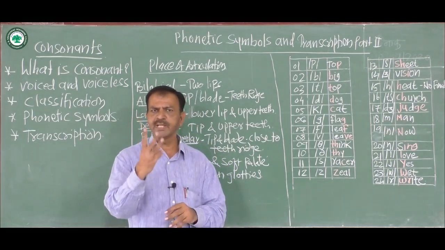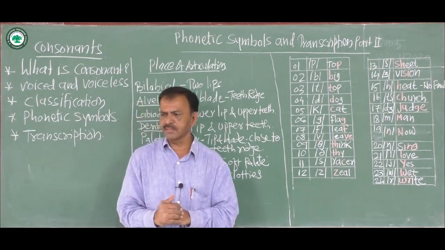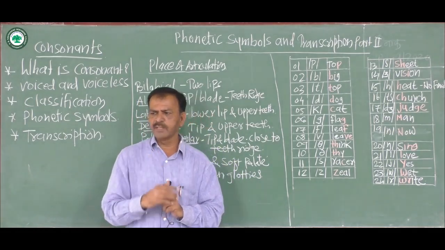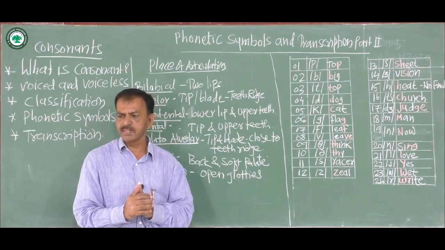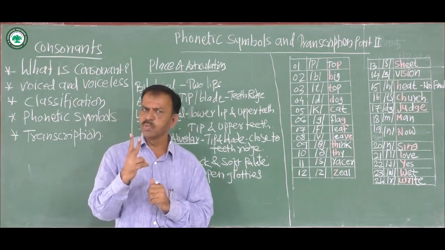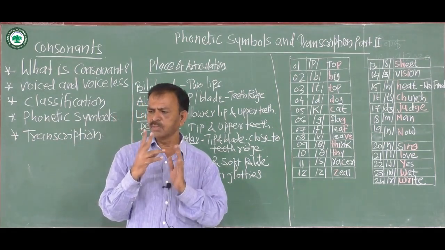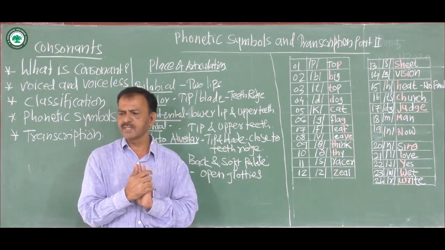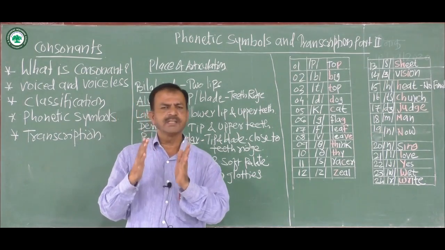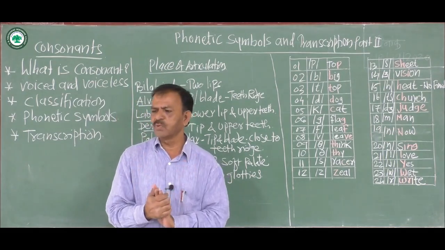There are 3 nasal sounds. There is one labiodental sound. There are 2 semi-vowels, and one is a frictionless consonant. So this is the distribution of the 24 sounds.